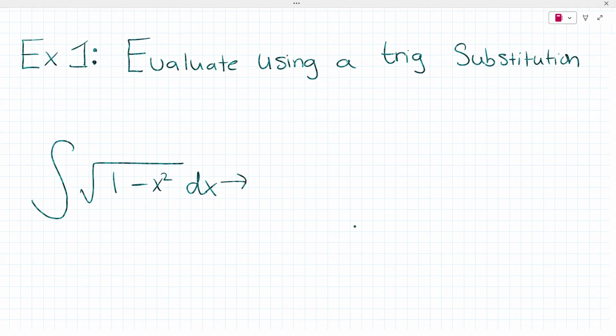This rule is b squared minus ax squared, where x is going to be b over a times sine theta. As you can see, we have a minus in the middle, a square root, a constant squared, and then an invisible constant times x squared. So it definitely looks like this, and we're going to use this rule.